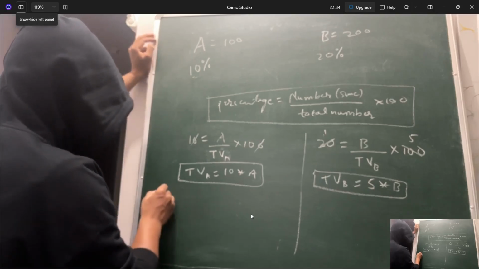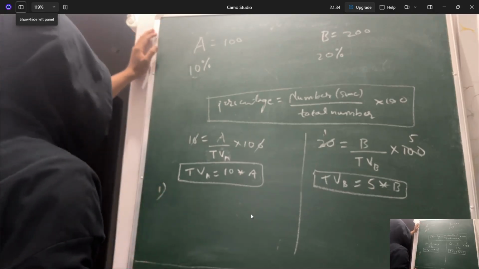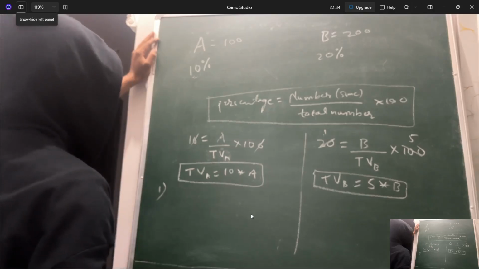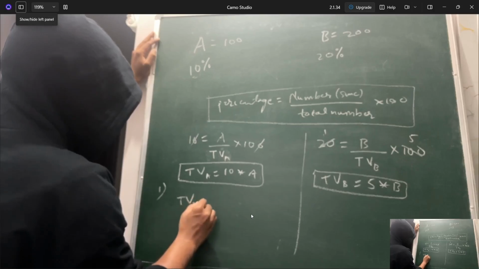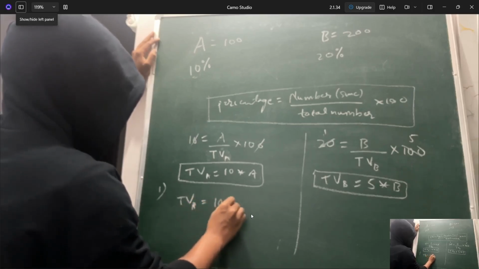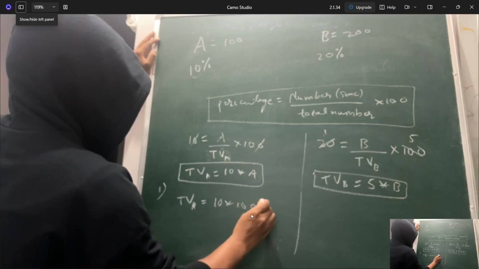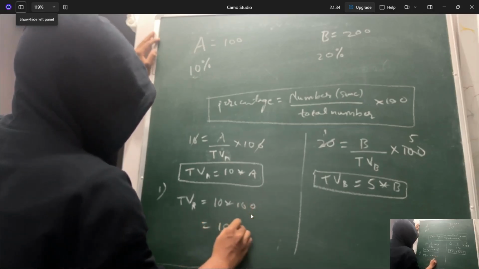Now coming to example 1, what they have given, they have given investor A will be giving $100. So 10 into 100, that will be $1,000.